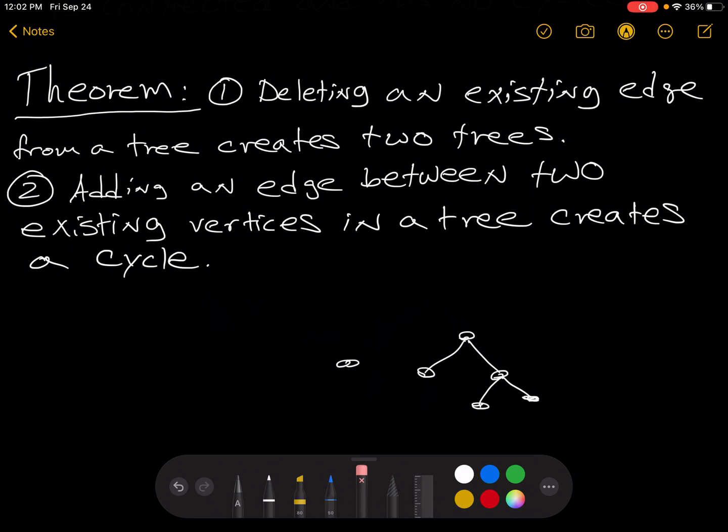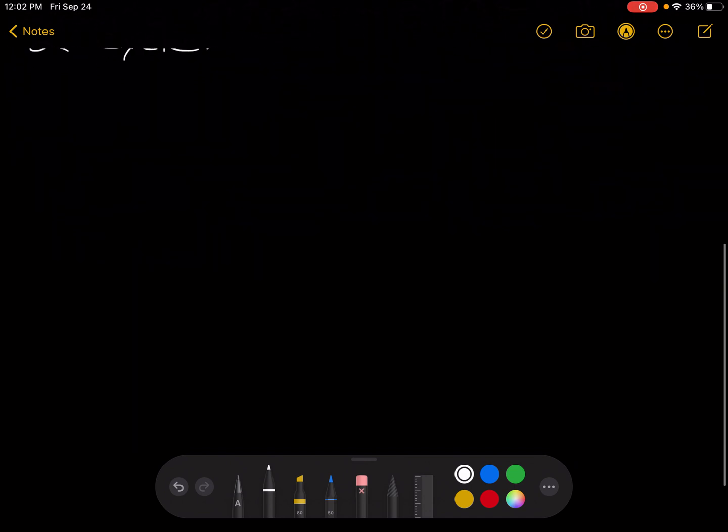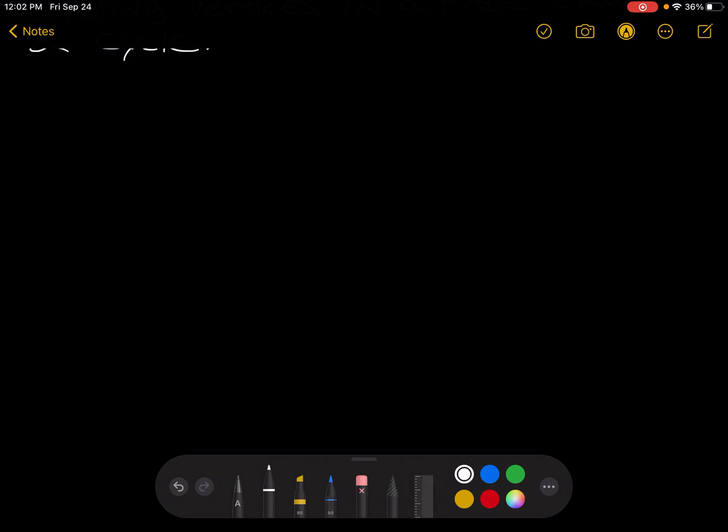Now, what does all this mean? Big picture. All of this really tells us something important that I want to illustrate here. Let's say we have some tree.